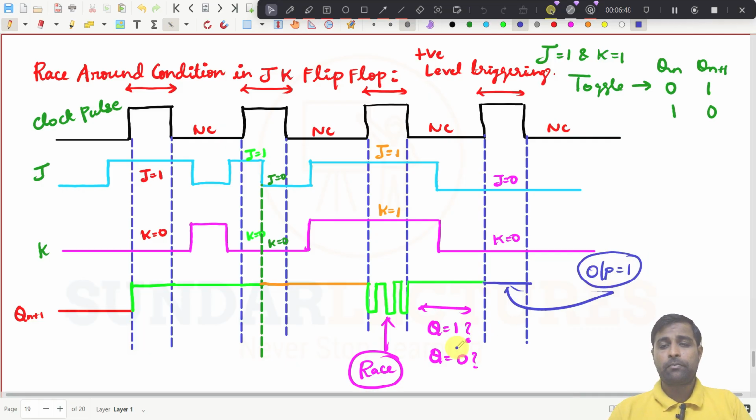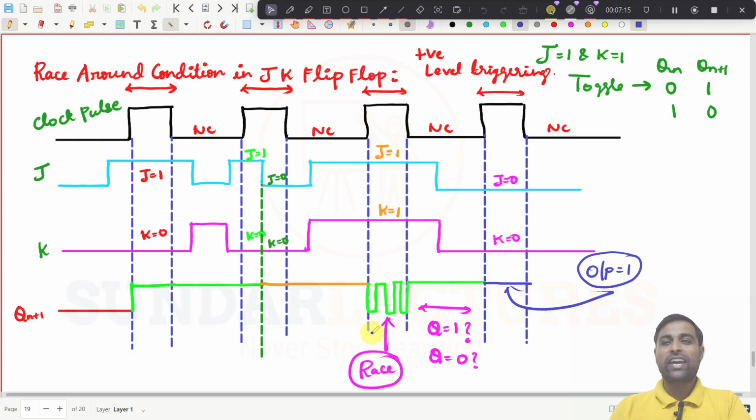But if it has become 0 because of the propagation delay, we are expecting an output of 1 here, but we are getting 0. That is happening because of this race condition, and we need to avoid this race condition. Try to understand.